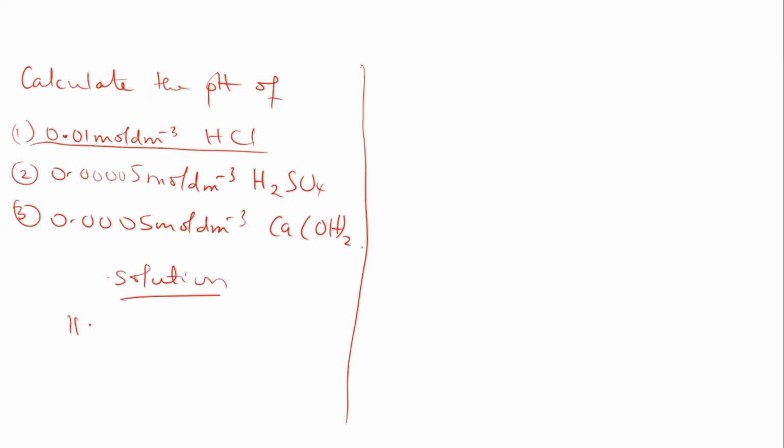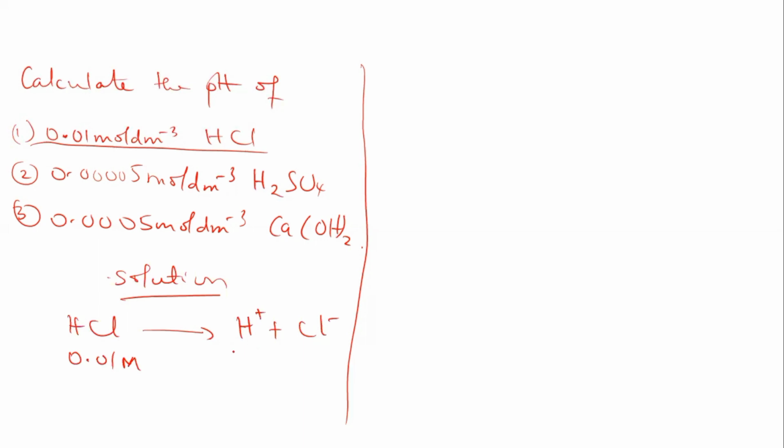So we have HCl giving us H plus and Cl minus. So here is 0.01 mole per dm cube, which I can write as capital letter M. All right. So what about this? So you dissociate it, of course, you're going to have an absolute amount of this because it's a strong acid that will dissociate completely in solution.